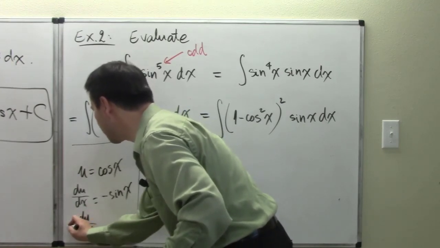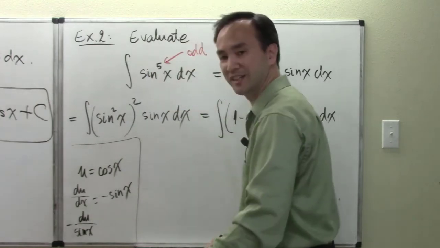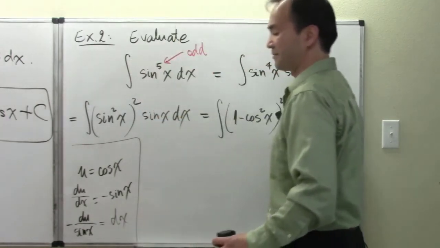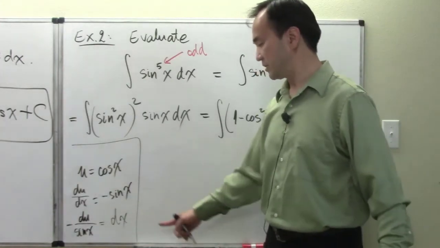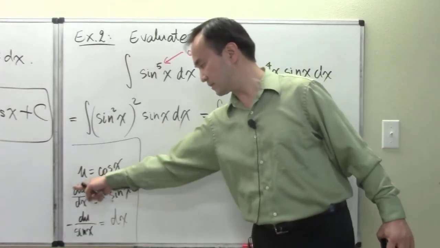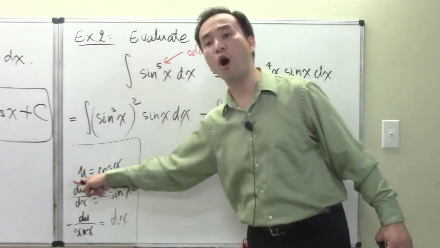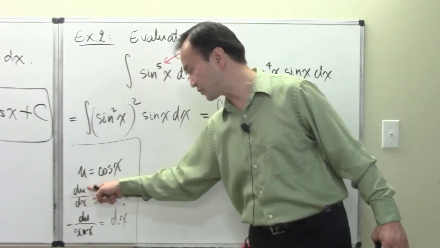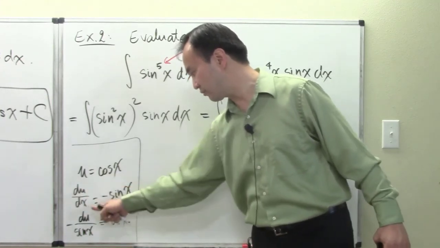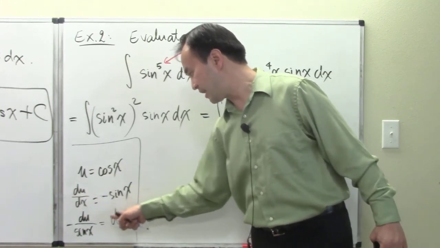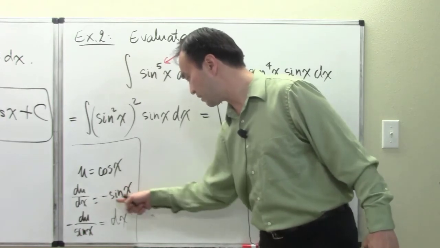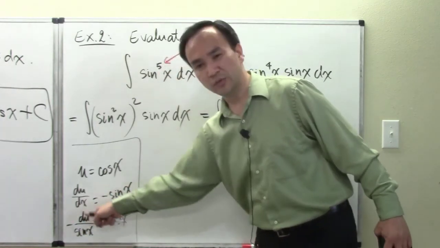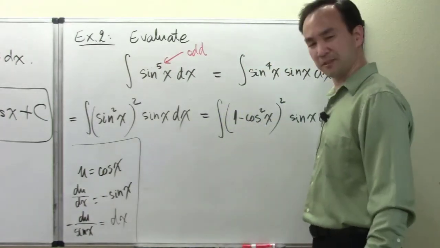Indeed, it's minus du over sine of x, and all of that will equal dx, because at this point you are well aware that each one of the symbols here also means it's a fraction. So now, with the fraction of the two differentials du over dx, we can rearrange that, multiplying du up here and dividing both sides by negative sine of x. And so I consequently end up with dx equals negative du over sine of x.